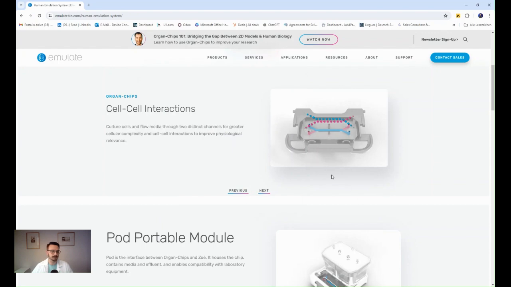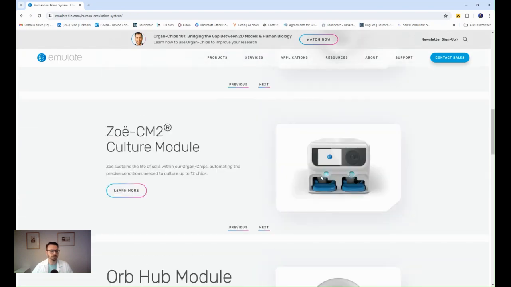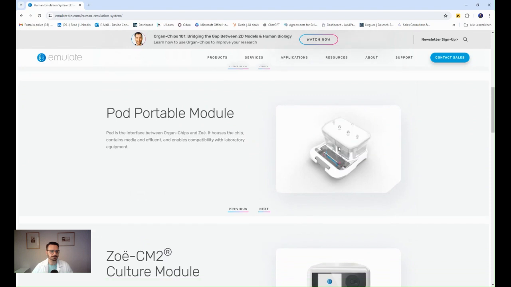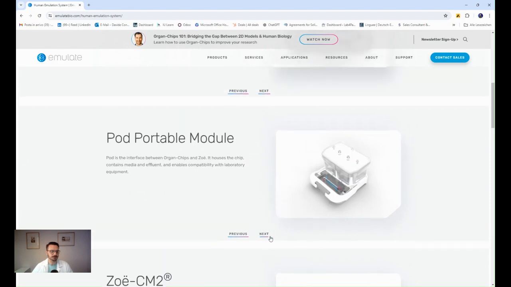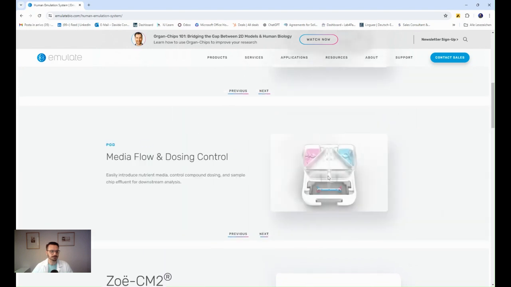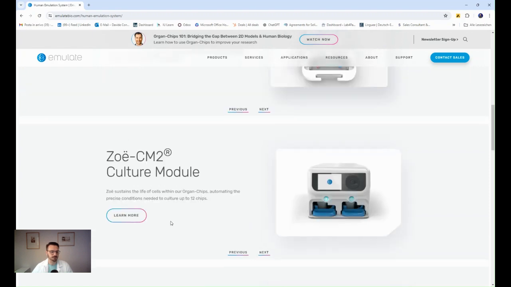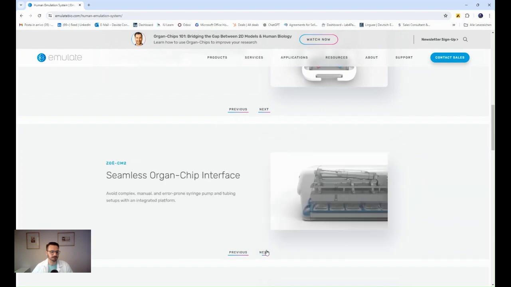In terms of scalability and throughput, this is also quite good. We can see that basically they have these modules with different media, whose flow can be regulated, and different modules can be set up into this device.